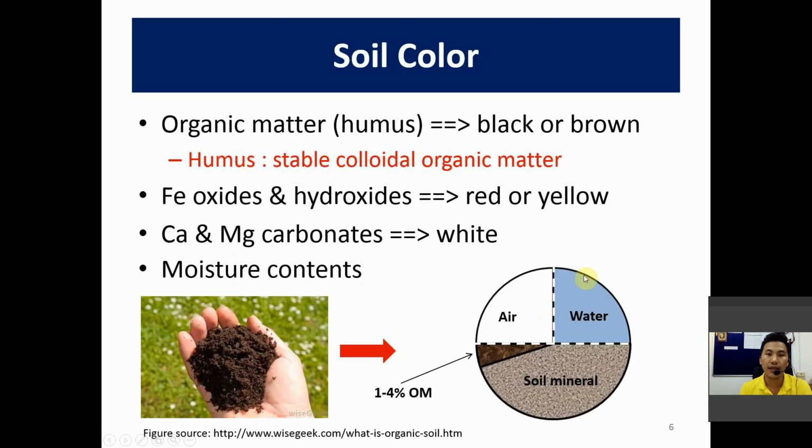So let's check why we get completely different soil colors. The color change totally depends on the factors involved. If you remember from the previous lecture showing the components of soil, you have the solid phase, half of the volume, consisting of a little bit of organic matter, and the major part is the soil minerals.